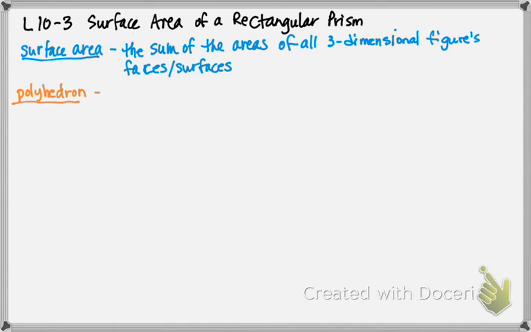A polyhedron is a three-dimensional figure with flat faces and edges. So this eliminates, by definition, anything that had curves to it, like a cylinder or a cone, okay?